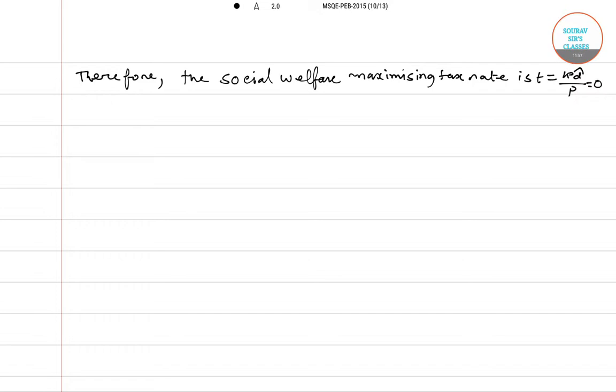Now to find the tax revenue maximizing tax rate, we'll first write the expression for tax revenue.